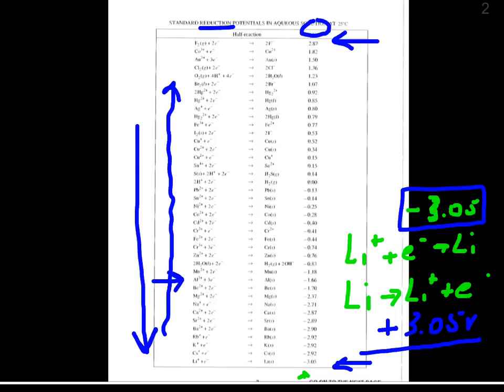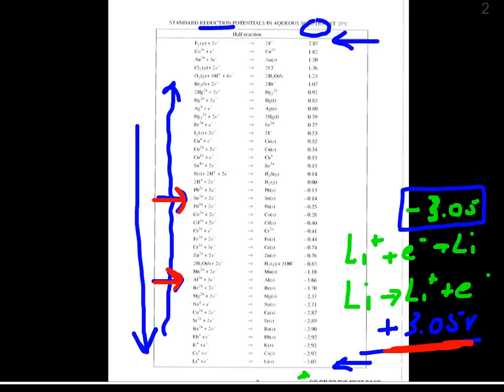And now I want to find tin, and tin is right there. So I have this one and this one as my two pairs. Now I already determined that as I go down, the more negative number is going to be the one that will be oxidized, because I'm going to flip it.